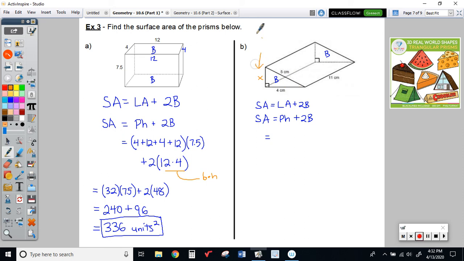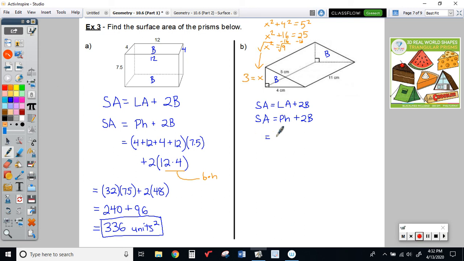So to figure that out, we could say x squared plus 4 squared equals 5 squared. That would be x squared plus 16 equals 25. You subtract 16 from both sides, and you are left with 9. And then take the square root of both sides. That means x equals 3.